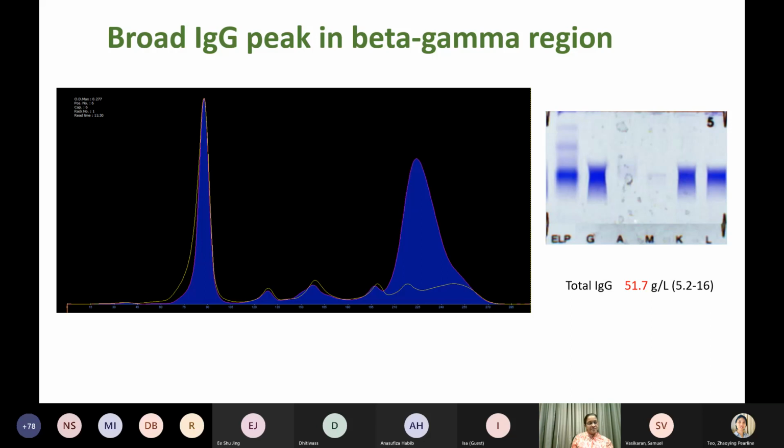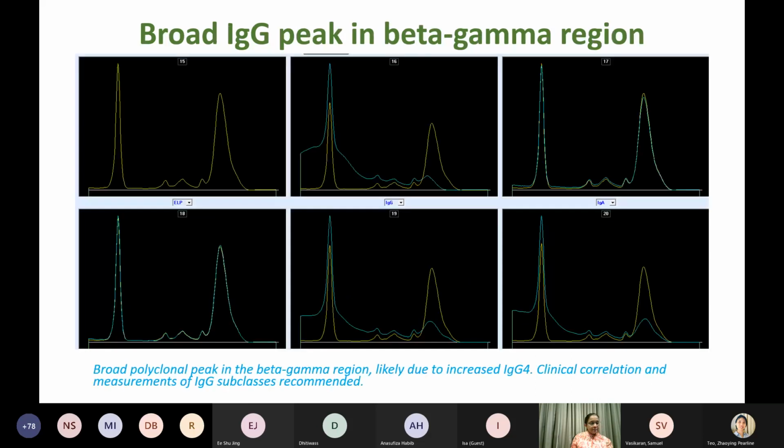So is this a monoclonal G band, maybe co-migrating G kappa and G lambda, or would you comment it as a polyclonal increase? This is the immunosubtraction of this sample, and you can see the subtraction in G as well as kappa and lambda.